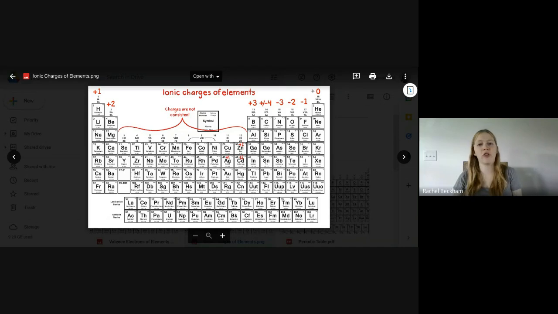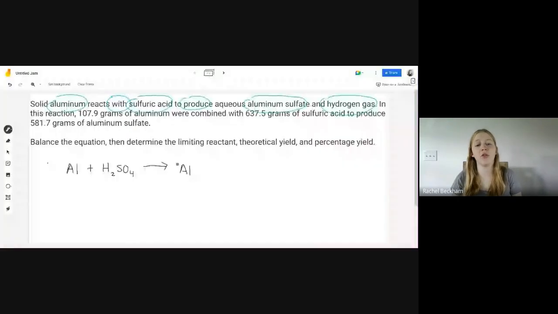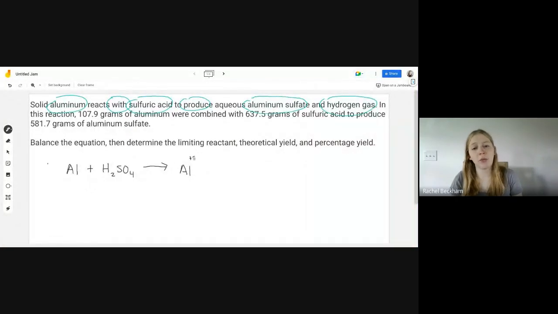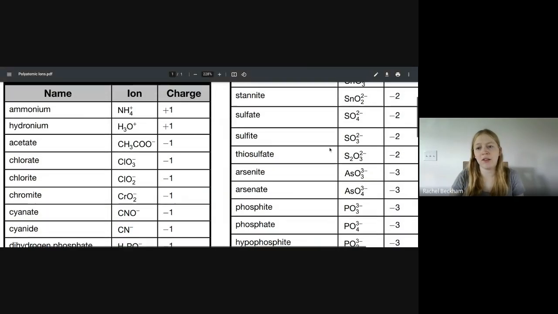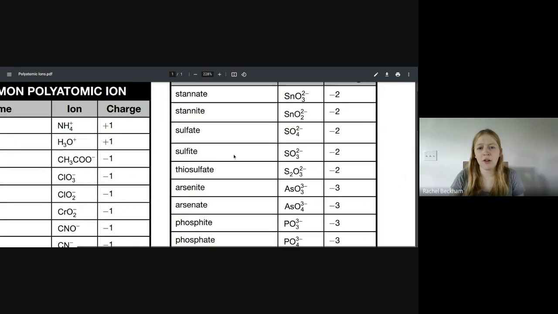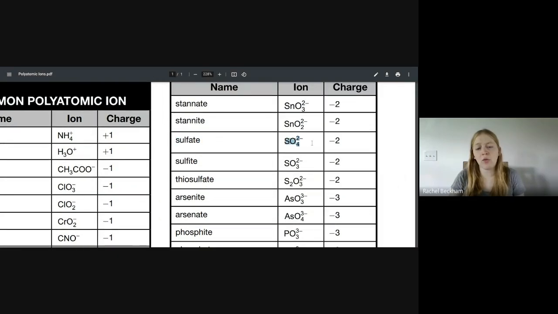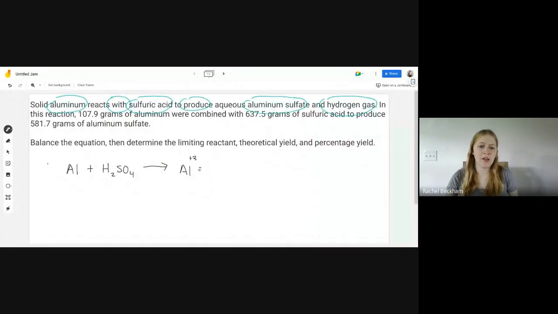This ionic charge list you can find in my student resource folder. Aluminum has a +3 charge. Sulfate is a polyatomic ion. You know that it's polyatomic because it ends in "ate." And I see it right here. Sulfate is SO4 with a -2 charge. So SO4 with a -2 charge.